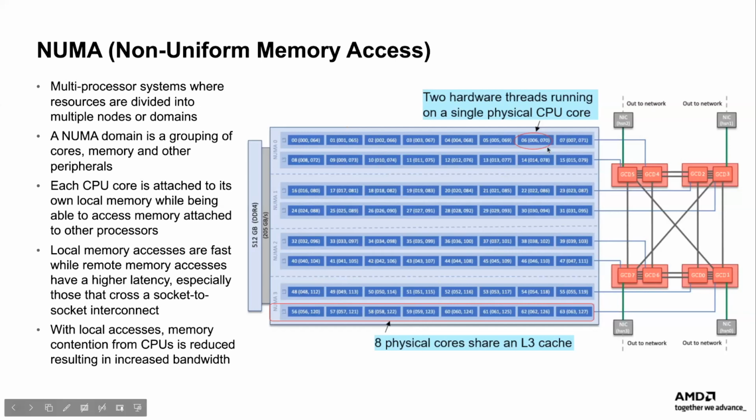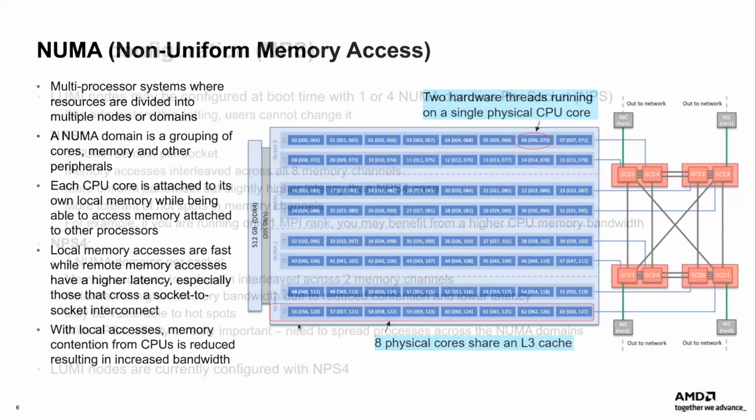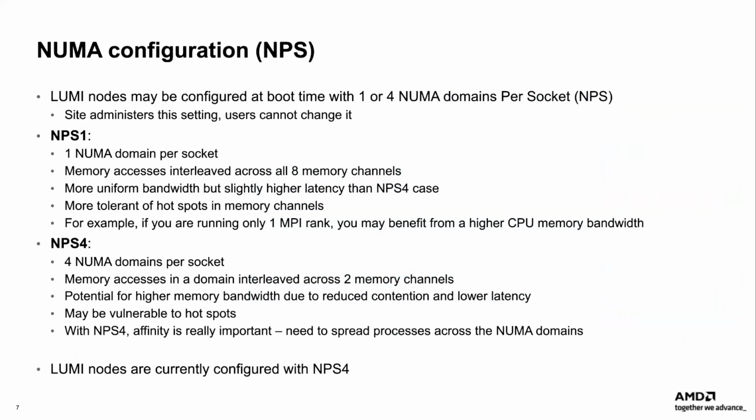And here I want to point out that if you look at any given physical core, there are 2 hardware threads that can run on this physical core. And we also see that 8 physical cores here share an L3 cache. So LUMI nodes can be configured in one of 2 different ways.